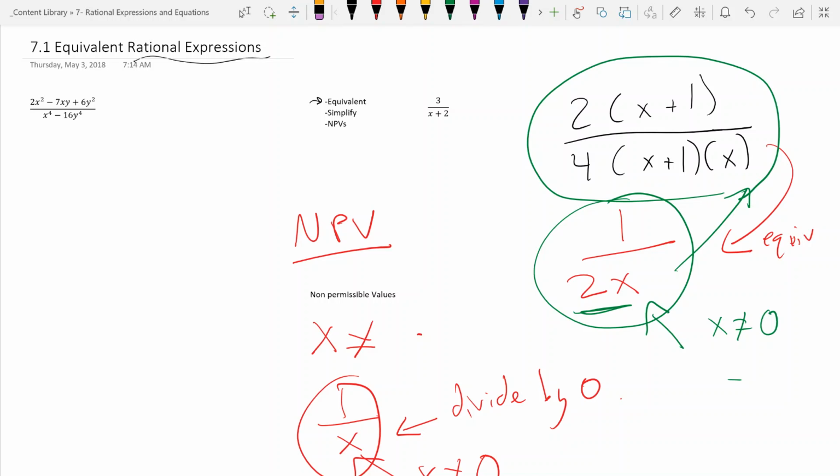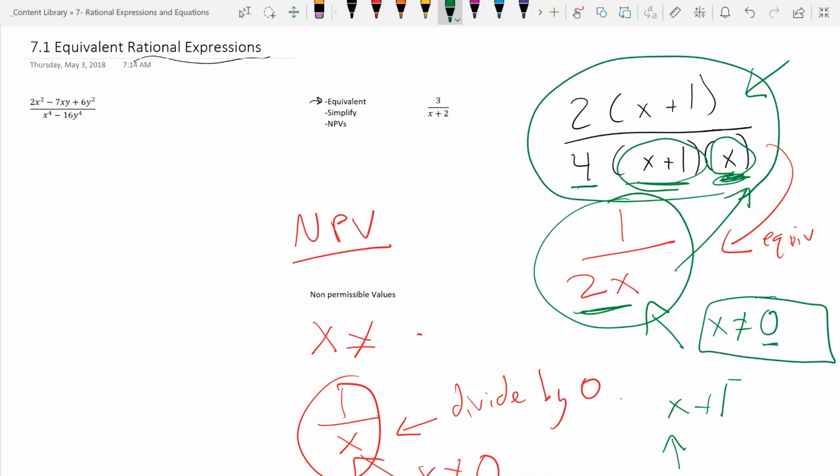The trick for looking at the original question is that for each term or each thing in a bracket like that, you will have its own non-permissible value. If we look at the 4, there's no x's and there's nothing there. We look at just this x right here, that's the 0, that we already have. This one, x plus 1, the non-permissible value for x there would be x cannot equal negative 1. So for this original term, the non-permissible values would be, right here, 0 and negative 1.